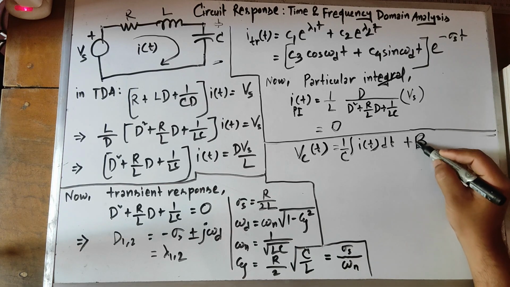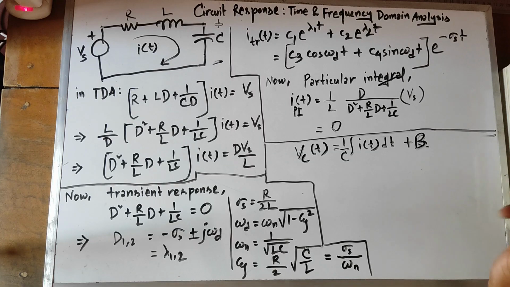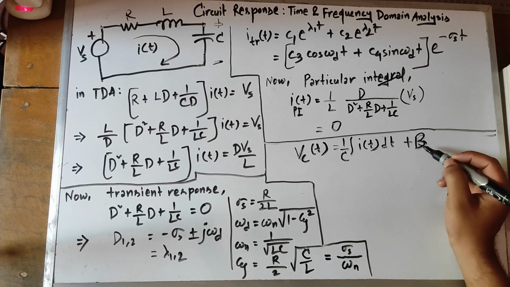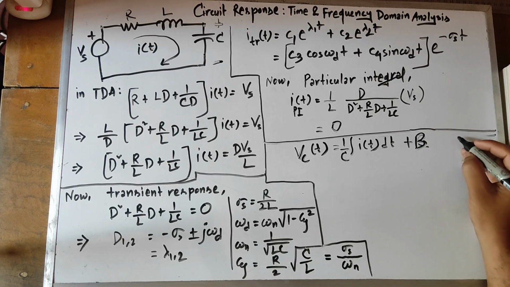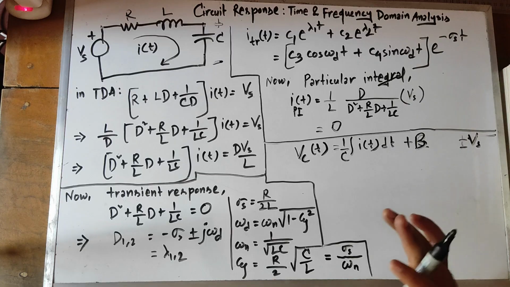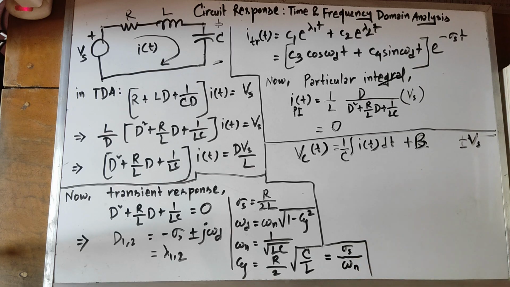If we observe the circuit, we will easily see that by initial condition, this constant is basically plus minus Vs. There's no doubt about it.